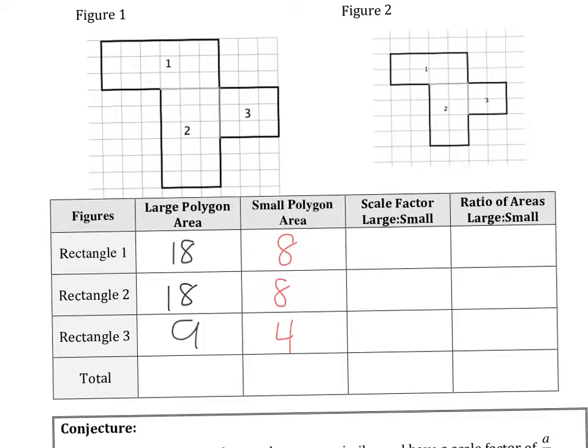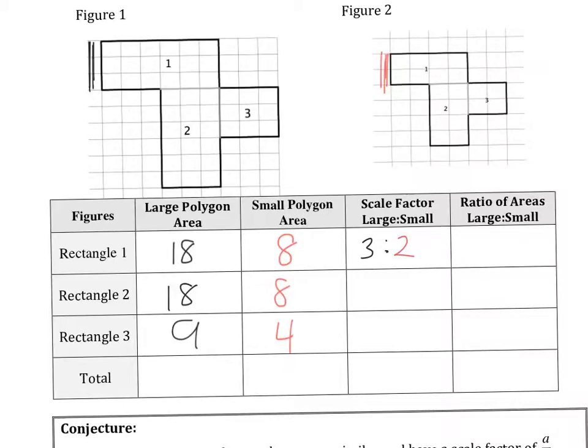Now when we consider scale factors of things, what we're looking at is this side here compared to this side here, just corresponding elements. So for the first one there, it's just a 3 compared to the 2.